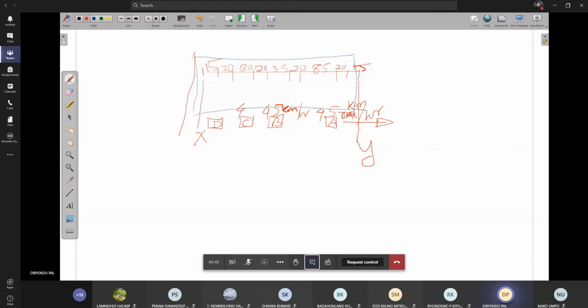This is 40 kilometer per hour, and this is 30 kilometer per hour. So this total distance is how much distance? 300 meters. Just let me read the question, then you will understand.